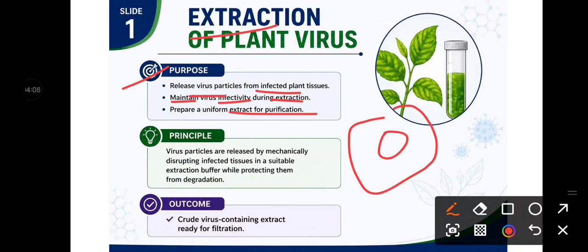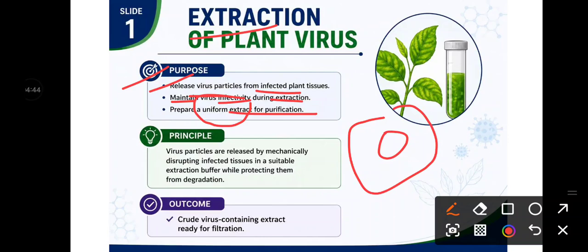The crude extract that we get after extraction from the plant sample is most important, because if you are not getting a good uniform extract then it will create difficulties in the purification step. So prepare a uniform extract. So the purpose of extraction of plant virus is, first and most important, to release the virus particle from the infected plant tissue.